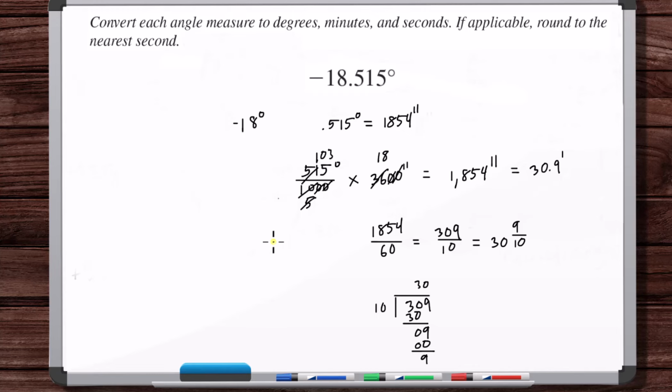Okay, so 0.9 minutes is how many seconds? So 9/10, and there's 60 seconds in a minute. That's 54 seconds. So this is 30 minutes, 54 seconds. So there we go. We just tack that on to the end here. It's minus 18 degrees, 30 minutes, 54 seconds.